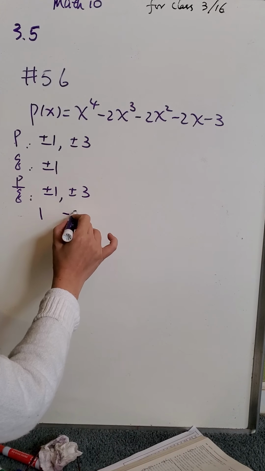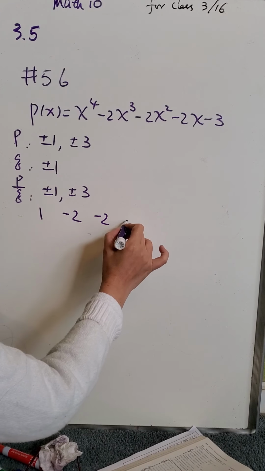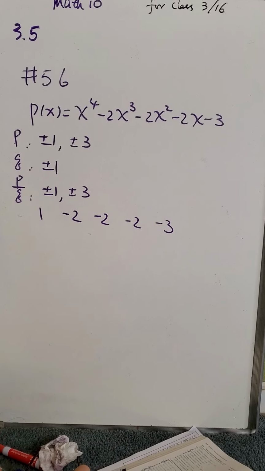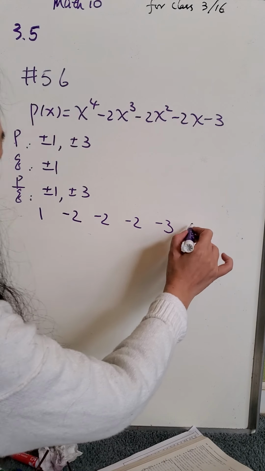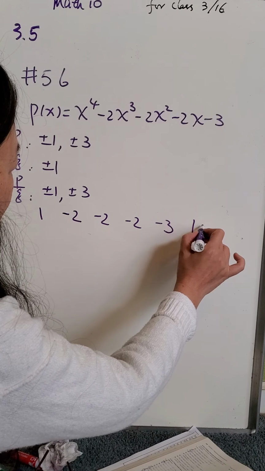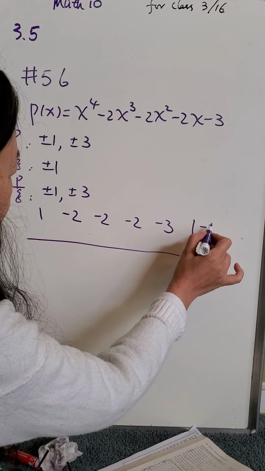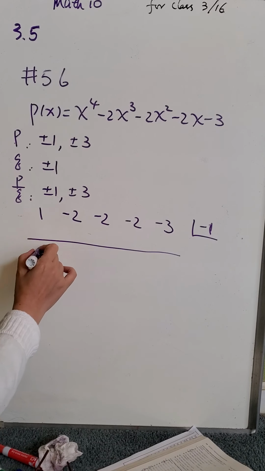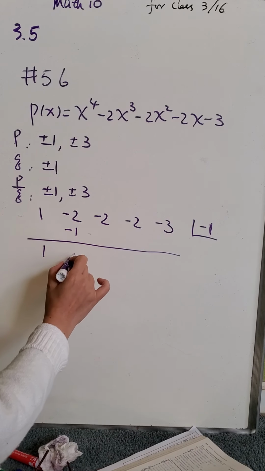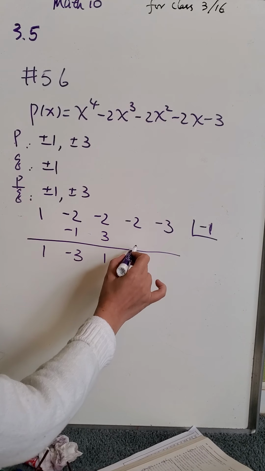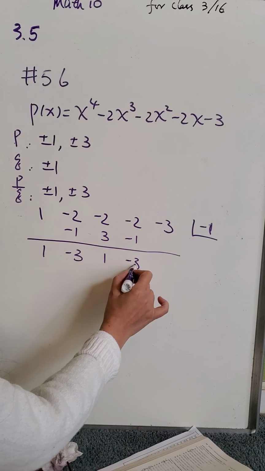So 1, negative 2, negative 2, negative 2, and then negative 3. And the first number I try is 1. 1 doesn't work, so I try negative 1. Okay, so negative 1, negative 3, 3, 1, negative 1, negative 3, and then 3.